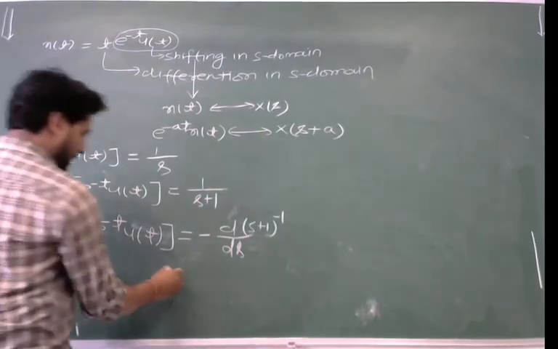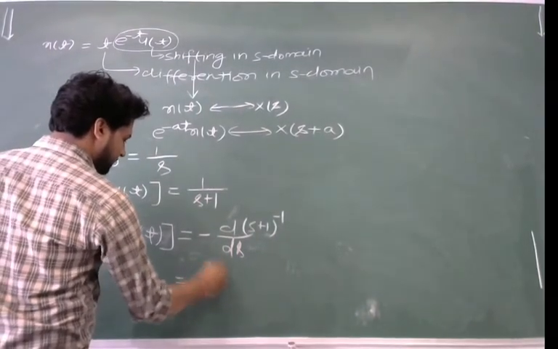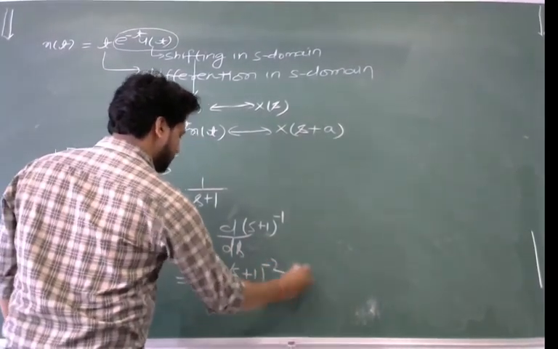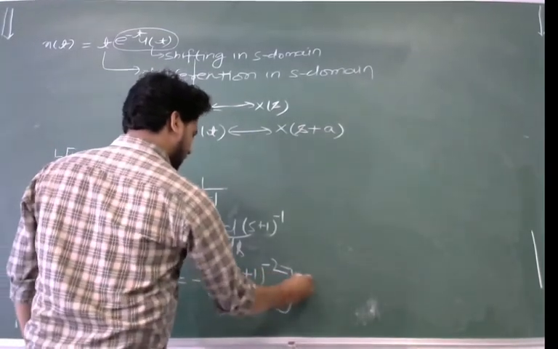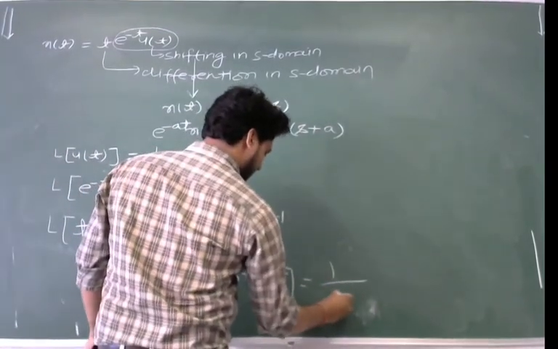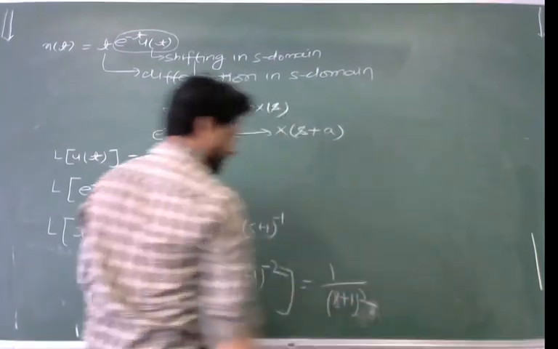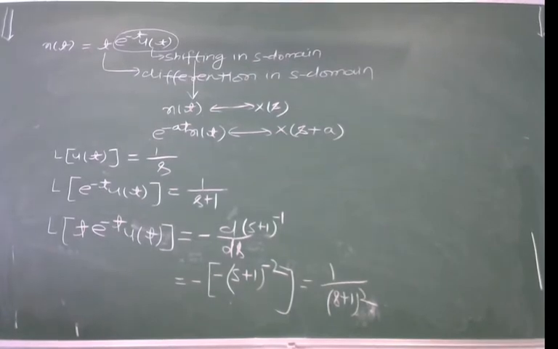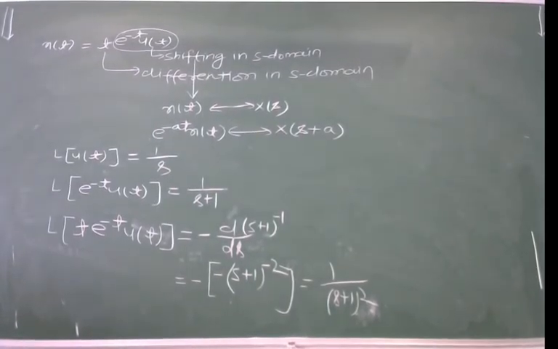And further, after differentiation, this will become minus of (s plus 1) power minus 2, or this can be written as 1 by (s plus 1) whole square. So this is another example which includes both the properties of the Laplace transform: differentiation in s domain, and also shifting in s domain.